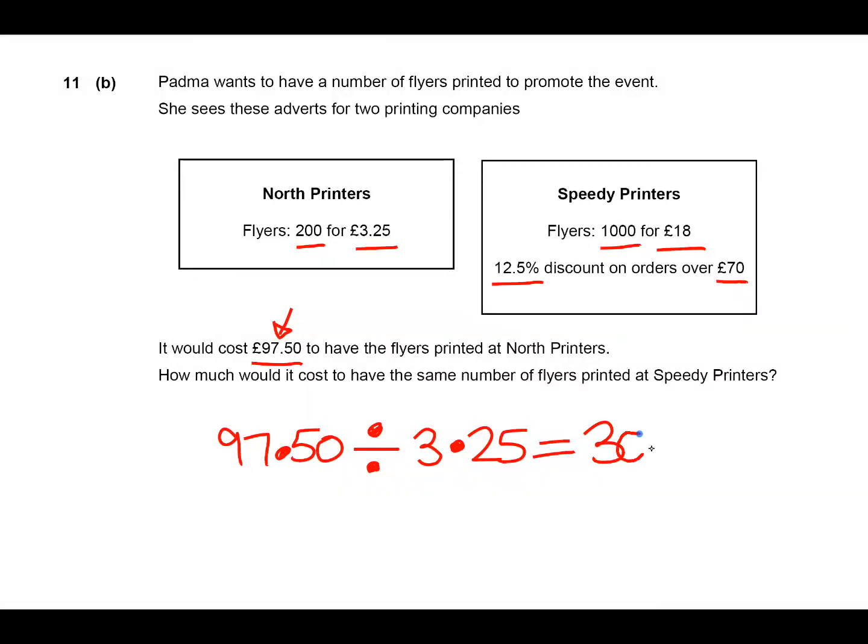And it tells us there are 30 lots of 200 that were bought from Northern printers. So 30 lots of 200 gives us 6,000 that were printed.